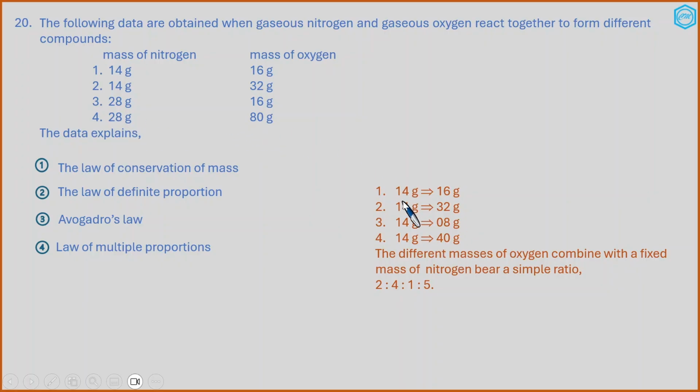So we keep the mass of nitrogen constant, and the masses of oxygen combining with the fixed mass of nitrogen are different. Here there exists a ratio that is 2:4:1:5. Different masses of oxygen combined with a fixed mass of nitrogen bear a simple ratio. So the answer is the law of multiple proportions.